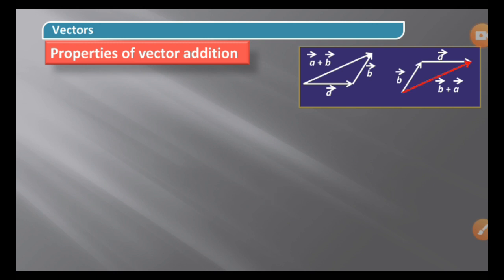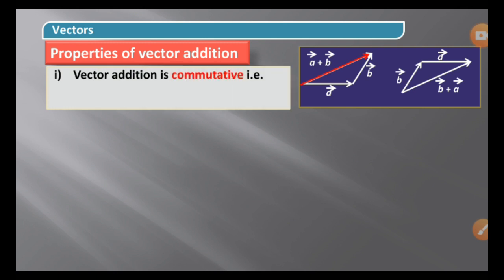Students, observe properly, the resultant b plus a is exactly equal to the resultant a plus b. Therefore, the first property is that vector addition is commutative, that is a plus b is equal to b plus a.